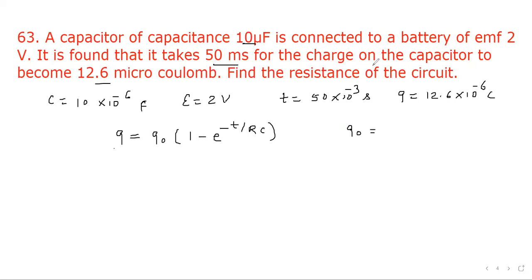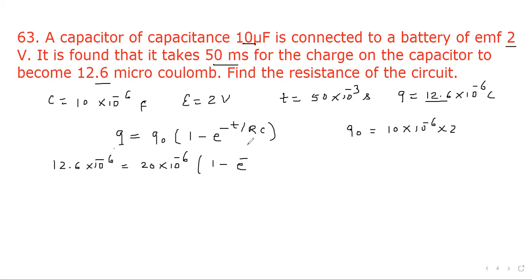Q0 equal to CV. So capacitance is this and voltage is this. So this will be 10 into 10 to the power minus 6 into 2. Q is given as 12.6 into 10 to the power minus 6 equal to 20 into 10 to the power minus 6 into 1 minus e to the power minus t.